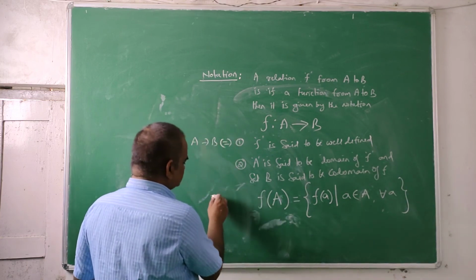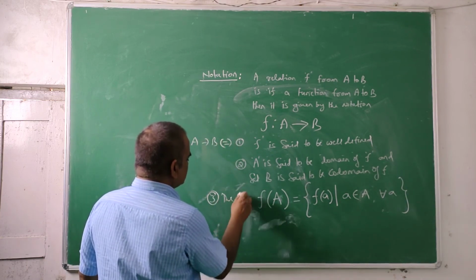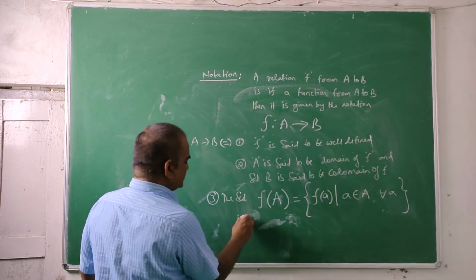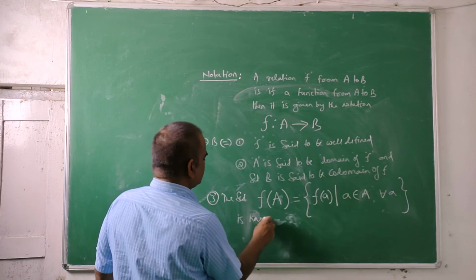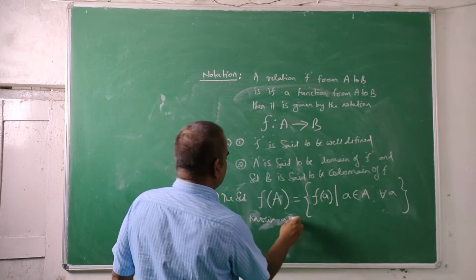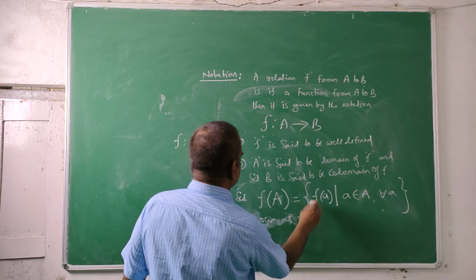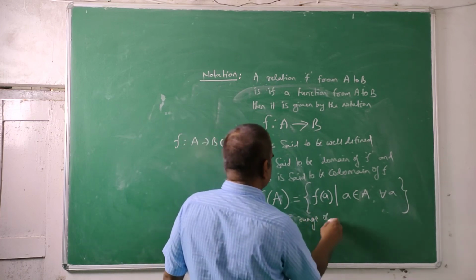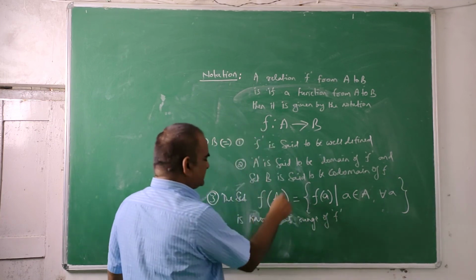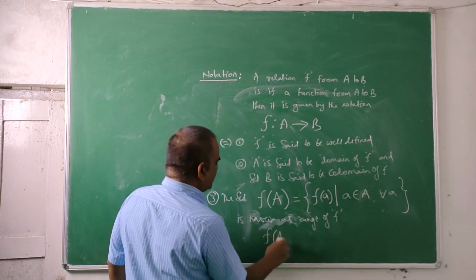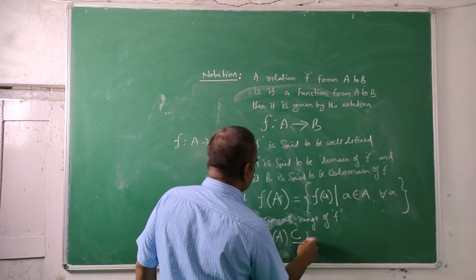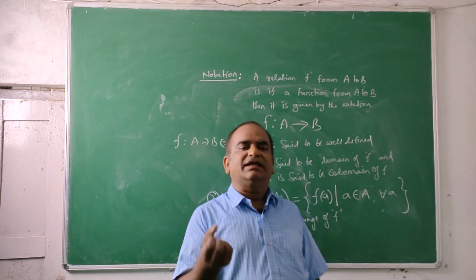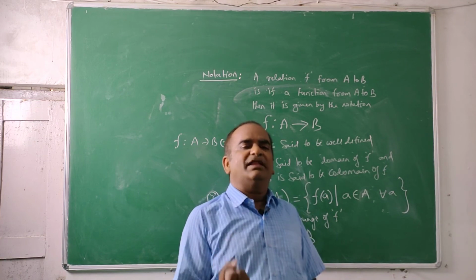So the set F of A is known as the range of the function F. And obviously that range is always a subset of codomain, because after all, the images you are collecting are codomain elements only, no?